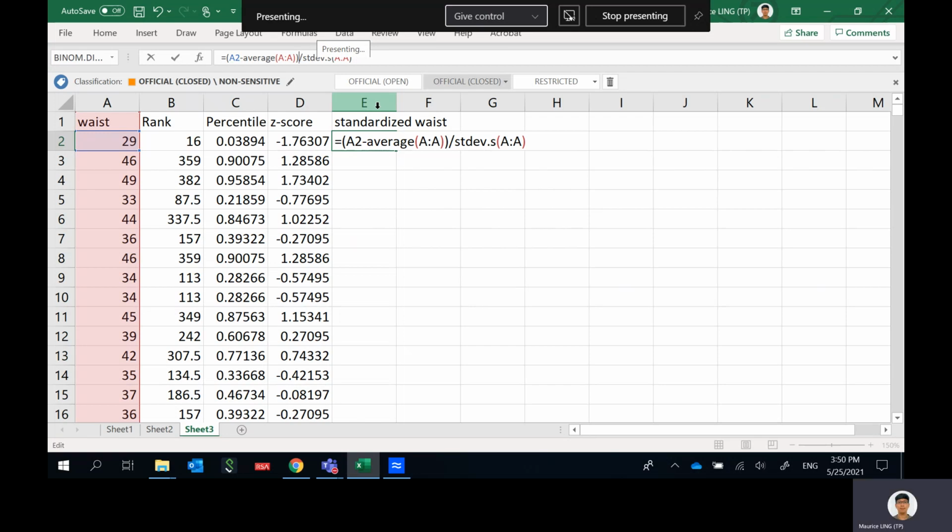No, I guess my close bracket is a numerator. Numerator is a close bracket. So you get here minus 1.55.